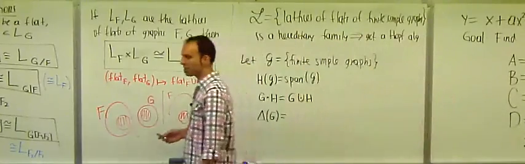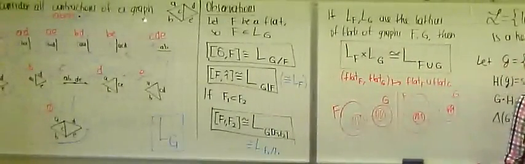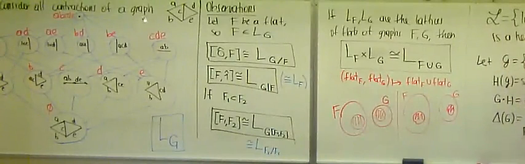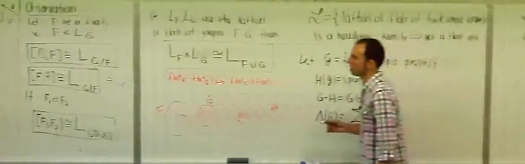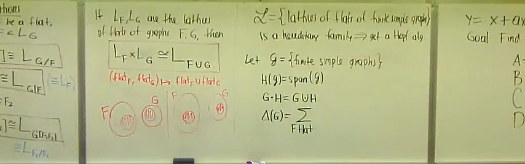What is the coproduct of G going to be? The coproduct of G is going to this lattice and summing over the lattice of flats. So I need to sum over all the flats of my graph. Given a flat, I go from 0 to the flat and from the flat to 1. But again, I don't want to write it in terms of the lattices. I want to write it in terms of graphs. So instead of writing, go from the bottom to F, I write the corresponding graph.